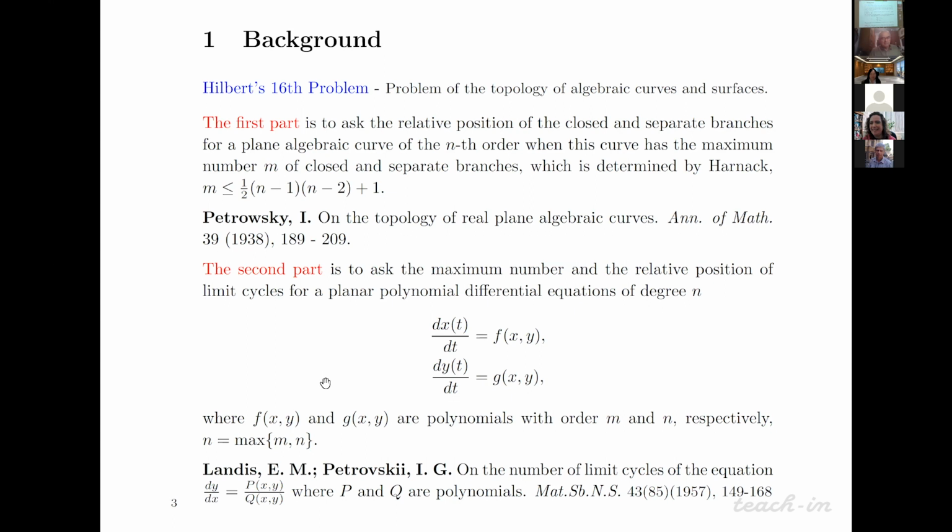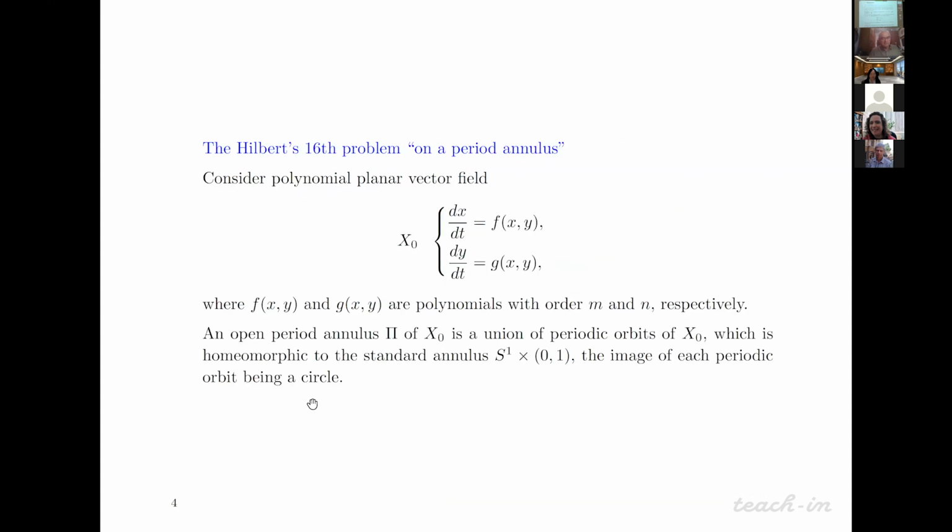Today we talk about the Hilbert 16th problem on the period annulus. What does period annulus mean? We say a planar polynomial vector field has a family of periodic orbits.